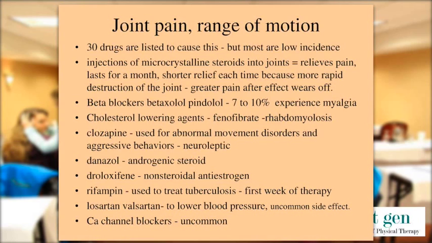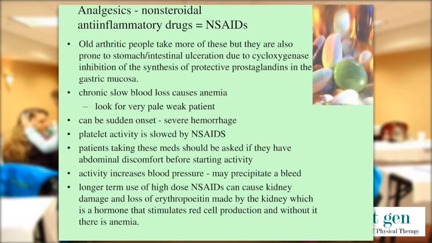Those drugs are some of the ones that can more intensely, adversely affect joint pain and range of motion. So it's nice to have these either in the back of your mind or have a little list of some of the common ones. And if you're starting to think, is medication a factor? Is it adversely affecting this elderly patient that I'm treating? You can refer back to your list or have a little cheat sheet for yourself of some of those common drugs and say, hey, are they on any of these, or are they on any of these other ones that may interact and cause this more likely to happen?